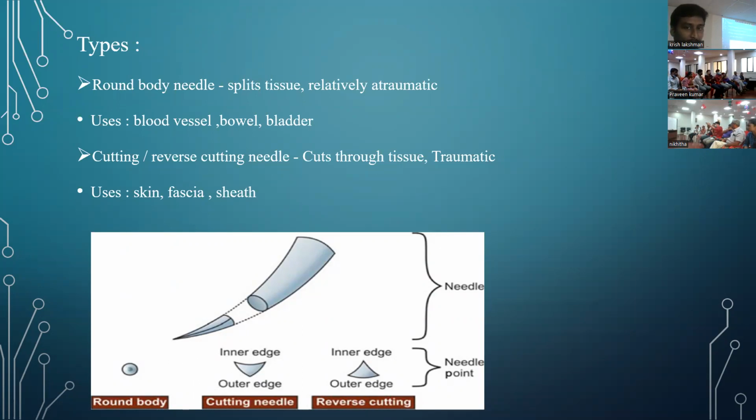Otherwise, in practice, we almost use all sharp tip needles so that your entry point is smooth and you don't tear through tissues. It's like a laceration versus an incision. Blunt trauma causes more damage as against a sharp incision. Same concept.